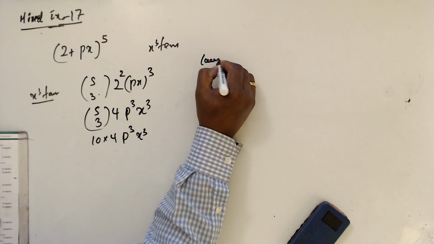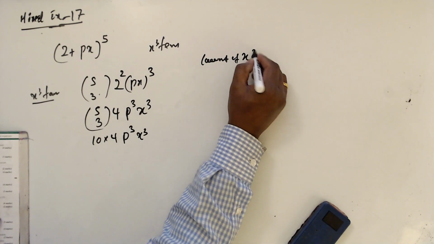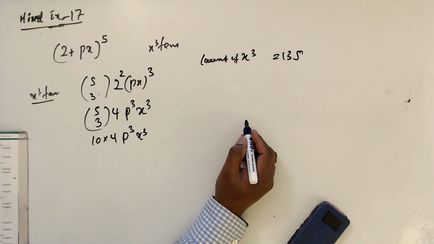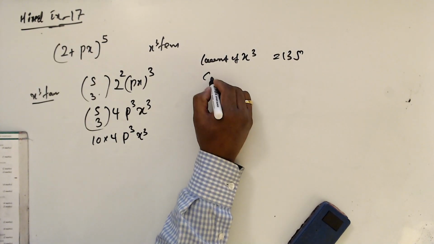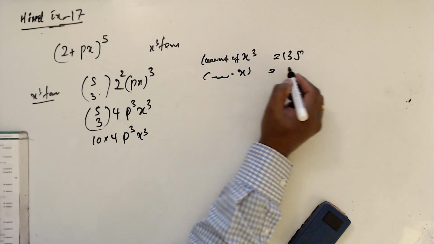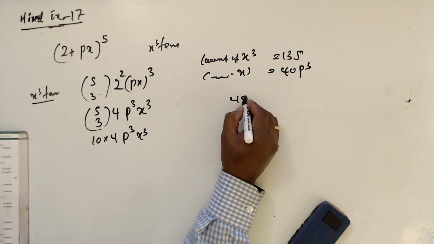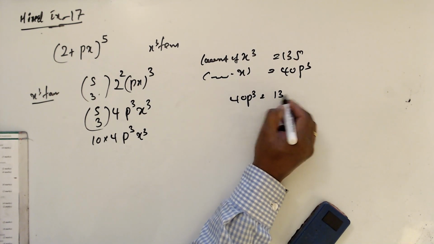So the coefficient of x cube is 135, which is given. Also the coefficient of x cube is 40 p cube.